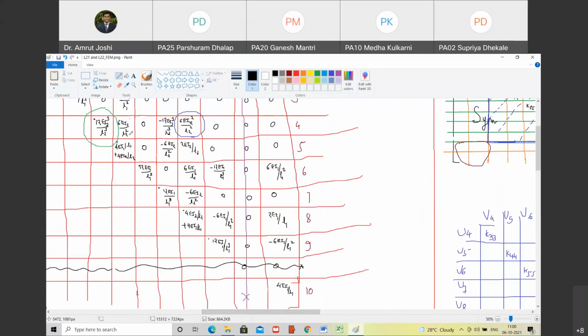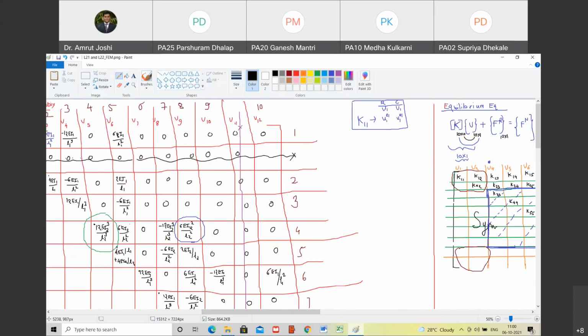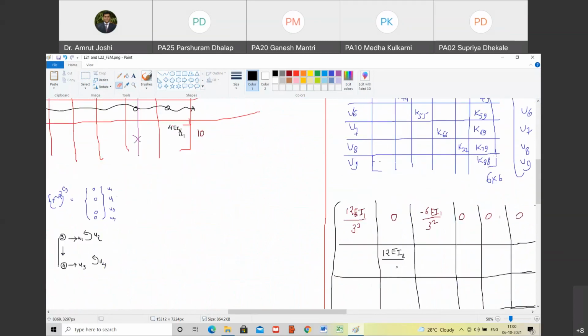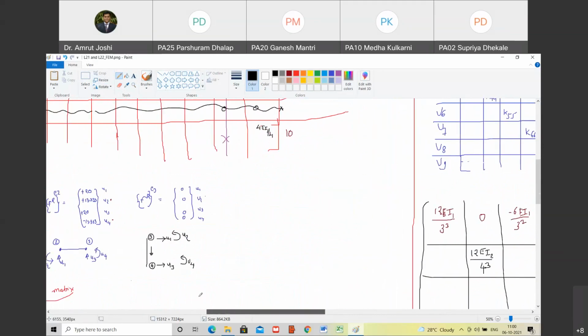So fourth, 12 EI2 upon L2 cube. What is L2? L2 is 4. Yes, sir. So upon 4 cube. What is next in line?